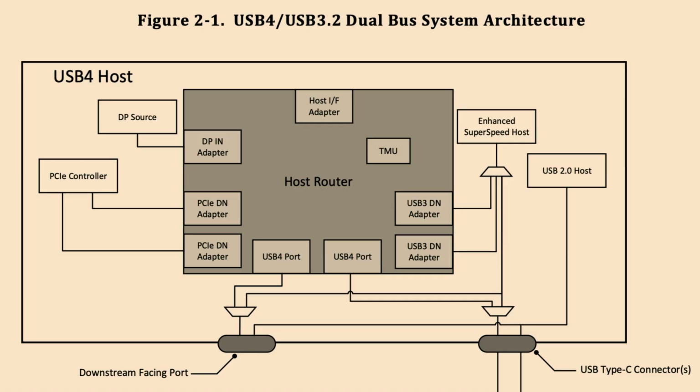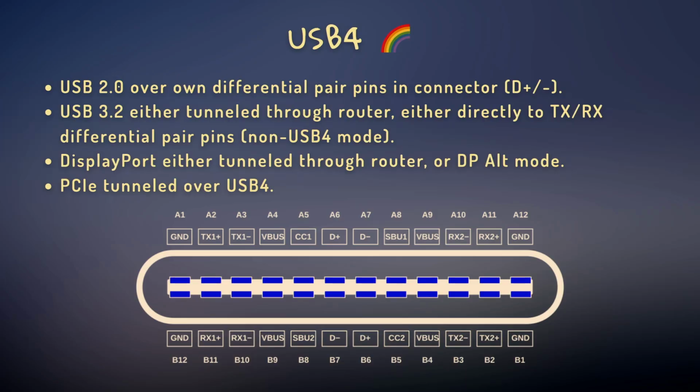But over here, USB 3 stuff can either go straight to the Type-C connector, in the case of fallback mode essentially, or it can go through the USB 4 router, which can then decide to use the pins that USB 3 would otherwise use and tunnel that data over that. And it can also tunnel different types of data, like DisplayPort or PCI.